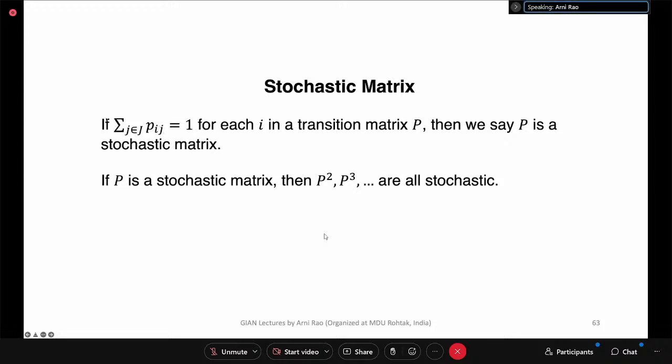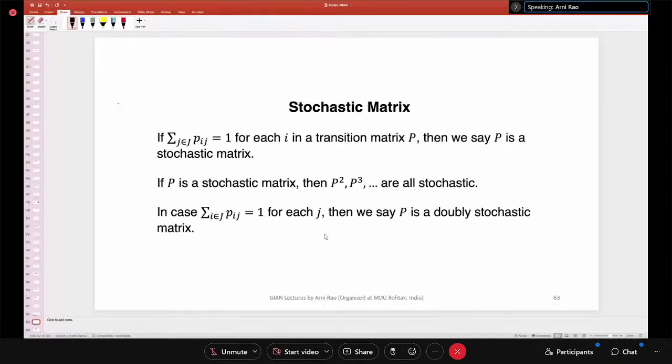If equal to 1 in a transition matrix, we say P is a stochastic matrix. इसका मतलब है, again, let me take 3 states, suppose you take a matrix here, 3 states are there, 1, 2, 3. Suppose your state space S equal to 1, 2, 3.